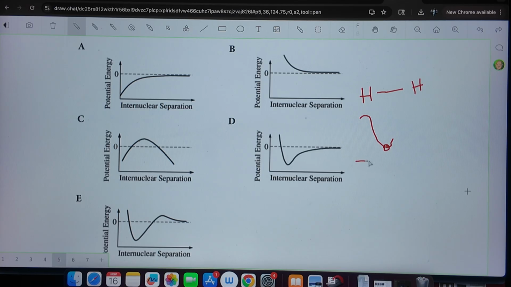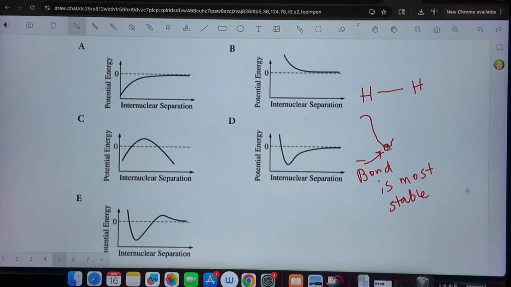This represents the bond that is most stable. Like we've seen before, it would then gradually go up and level off. There's a line that goes across here, that would be zero potential energy, and this would be negative. And so it should look like that.